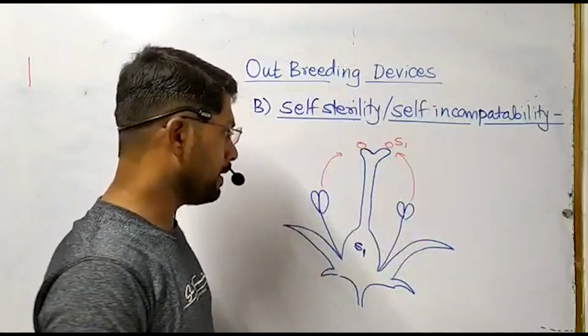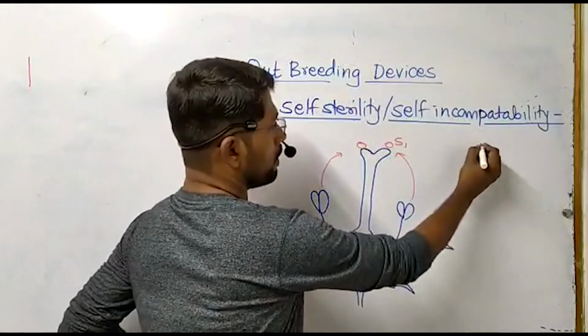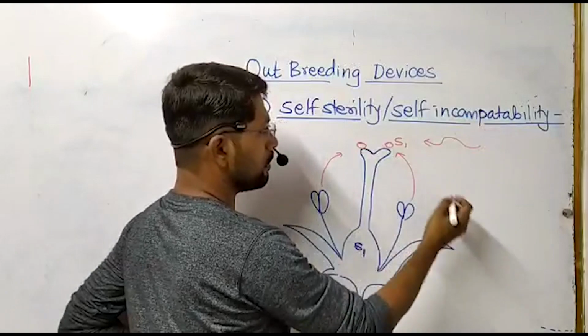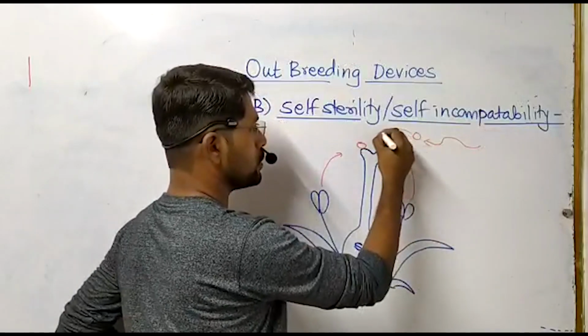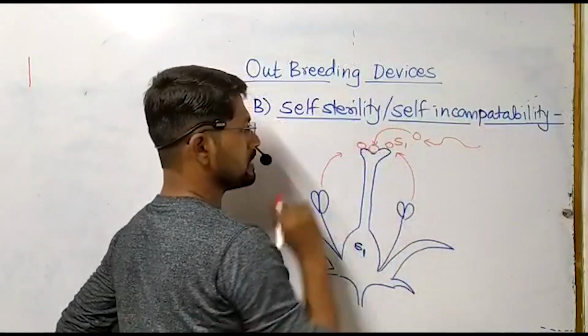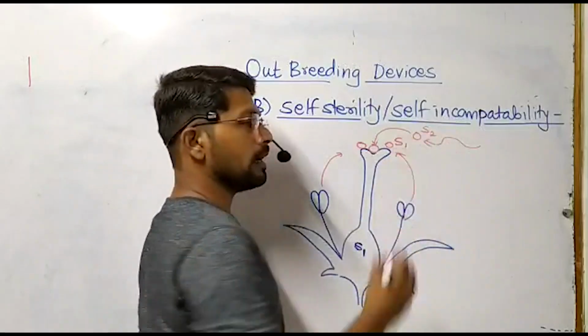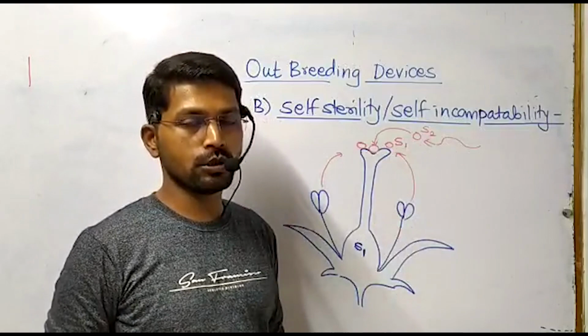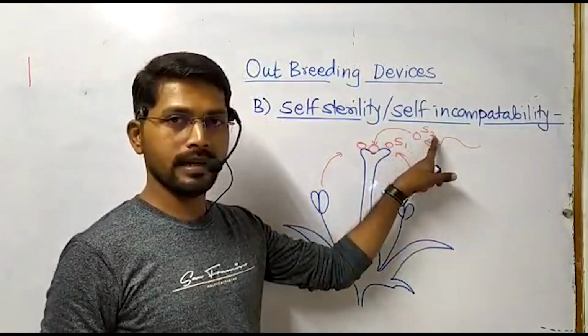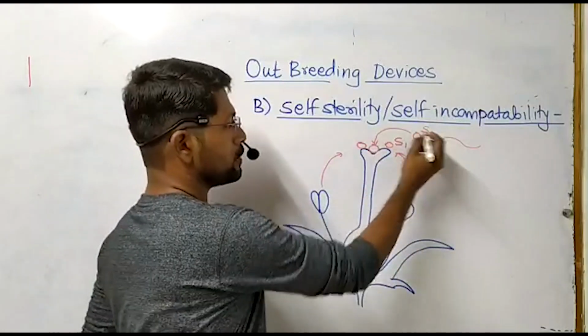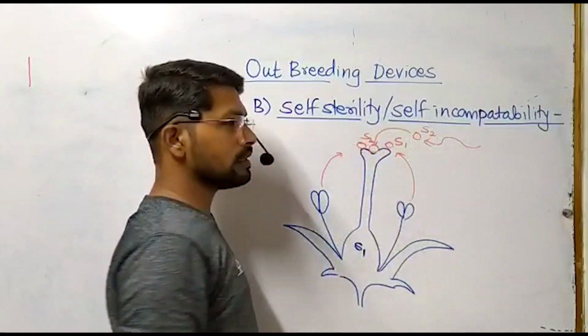See another example. Suppose from any other source, from another type of flower, the pollen grain reaches the stigma and resides on the stigma. And this pollen belongs to some other allelic composition of the gene S. Say for example, it is S2. Now this S2 type of pollen is settling on the stigma.